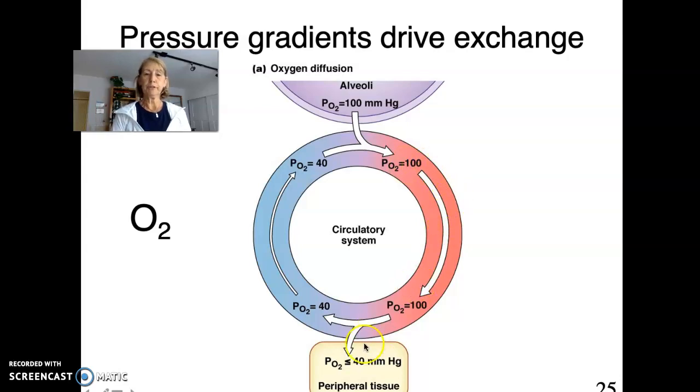Full, and it's going to reach a cell. A cell that's undergoing metabolism and is using up oxygen is needing more. So its value is going to be lower than the 100, and it's going to be able to receive that pressure of oxygen. So till when? Well, till it equalizes. What does it equalize at? Well, at about 40, right?